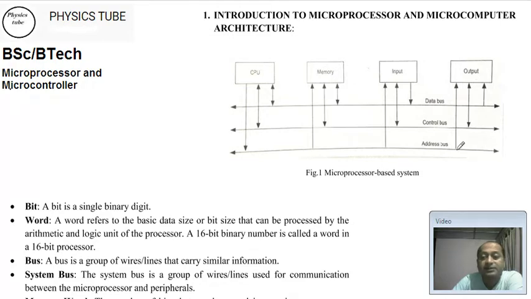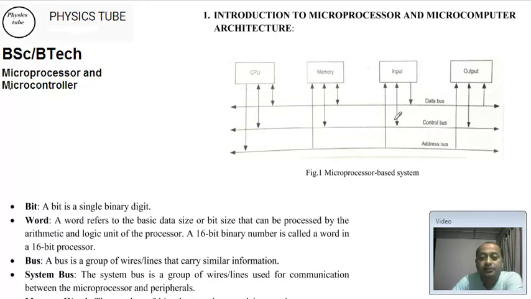Then address bus can give to output. So address bus can give to input and give data to output. And see the two-way, one-way, wherever it is applicable. And control bus, in all the cases you can see it is two-way, because control bus will also face interrupts. If input has some interrupt, it has to be given to the control bus.